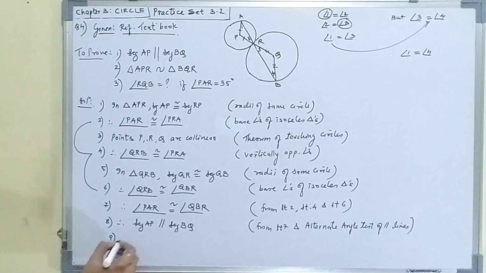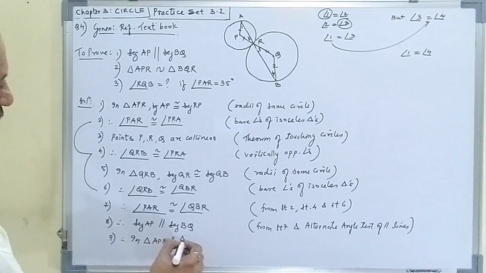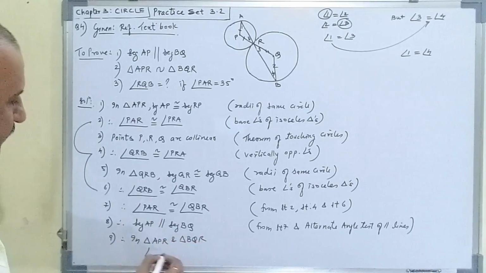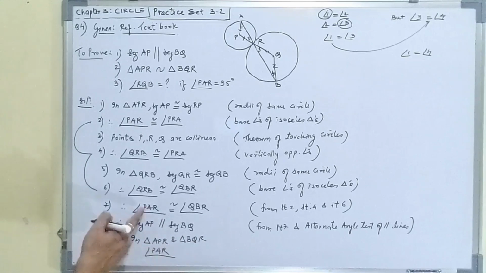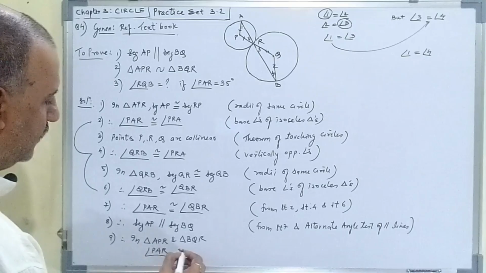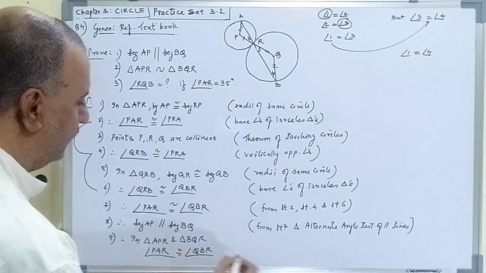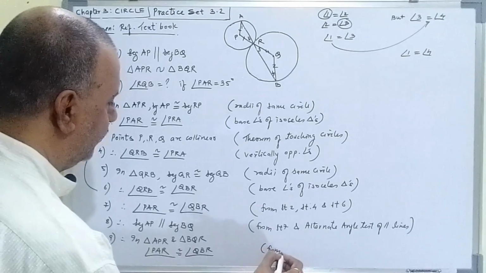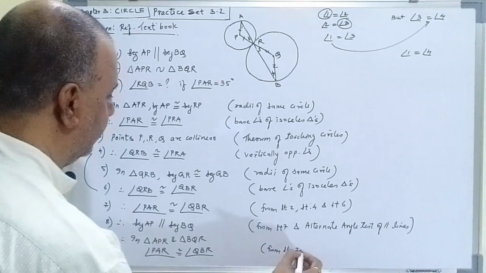Statement number 9. Therefore, in triangle APR and triangle BQR, first, second, this angle PAR congruent to angle QBR from statement number 7.